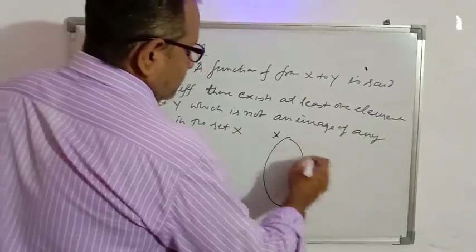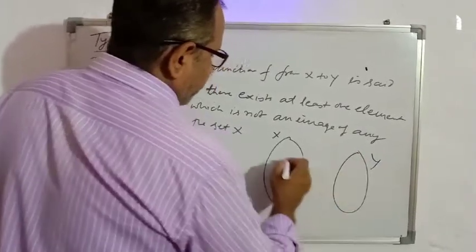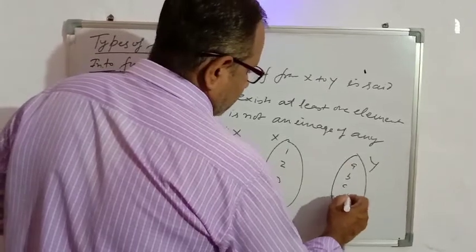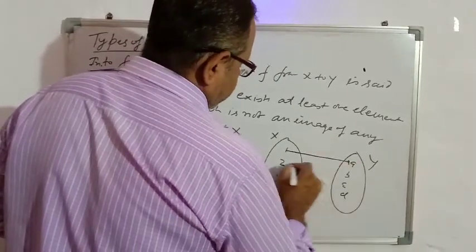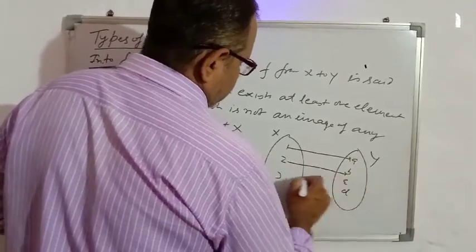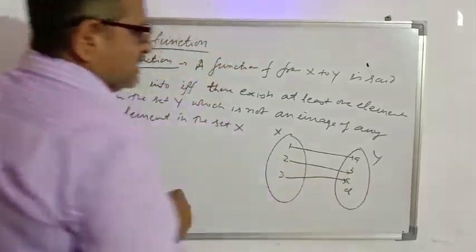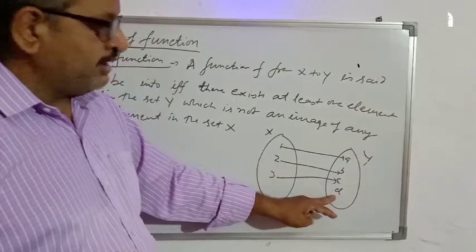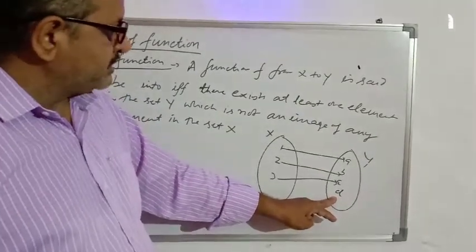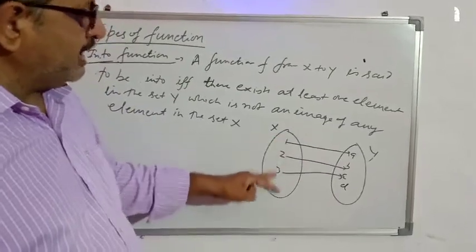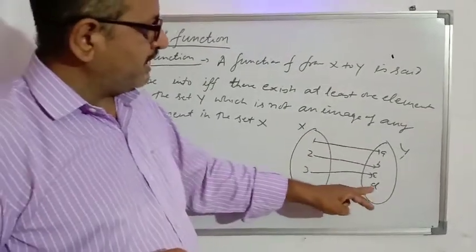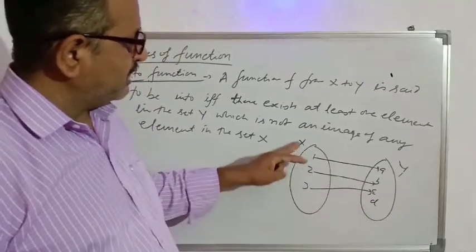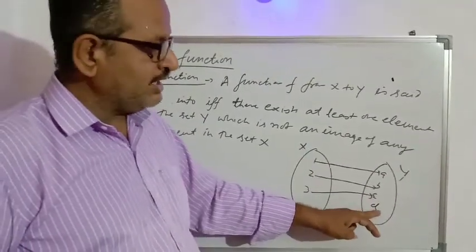Like this is the set X. Set Y, we can take 1, 2, 3. Here A, B, C, D. 1 is related to A, 2 is connected to B, 3 is connected to C. We see that in the codomain Y, element D is not an image of any element in the set X. So one element in the set Y, that is D, it is not related to any element of set X. So D is left here.